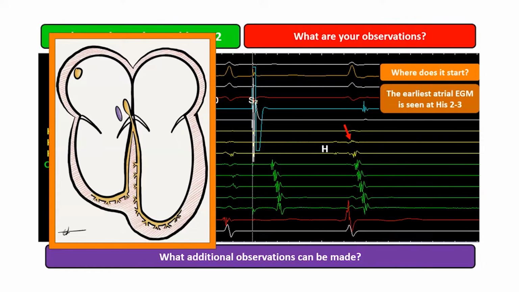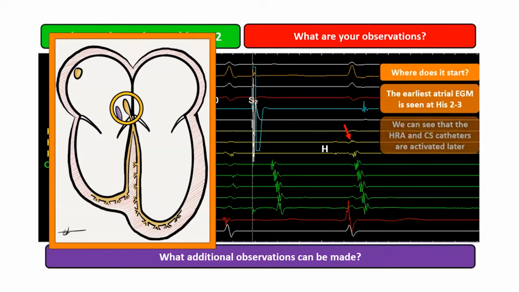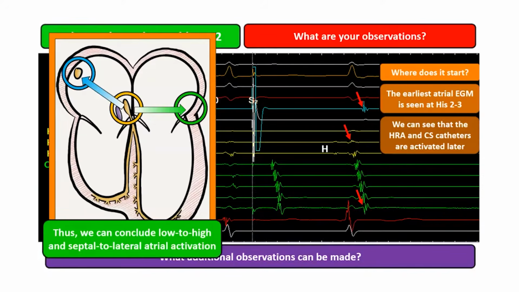And the earliest atrial electrogram is seen somewhere in the region of 2-3 or 3-4. But in our mind's eye, we know that this is in the region of the AV node. We can see that the high right atrial and the CS catheters are activated later. And based on this, we can conclude that there's low to high and septal to lateral atrial activation.